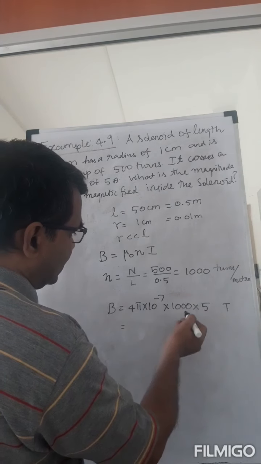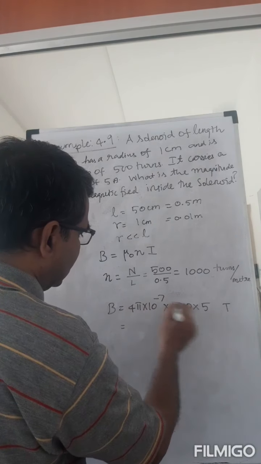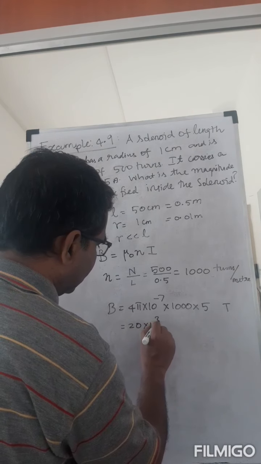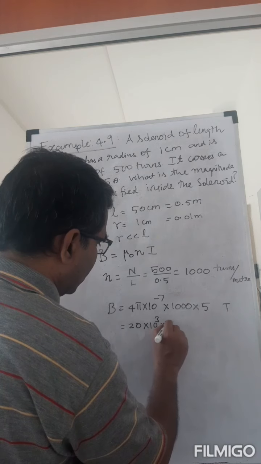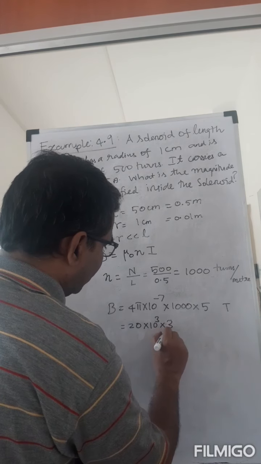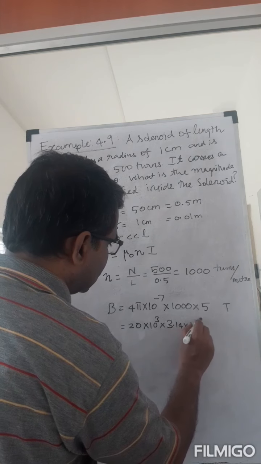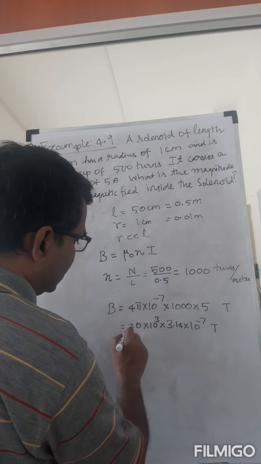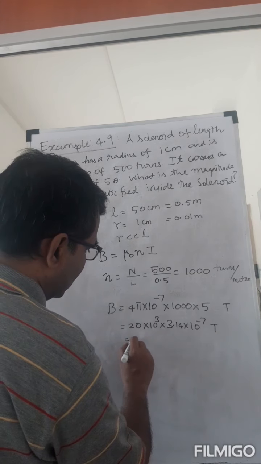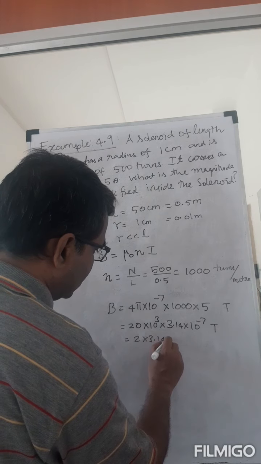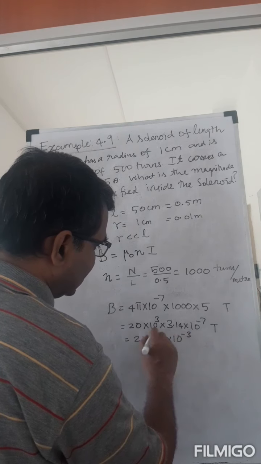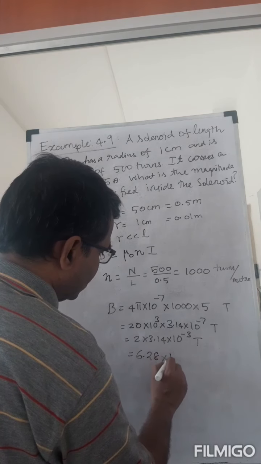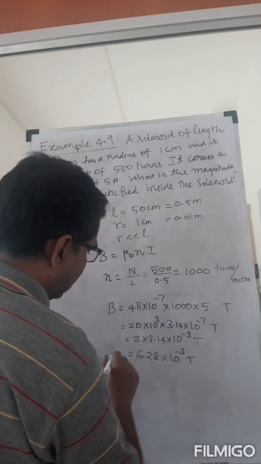So what you get here is 20 into 10 power 3 into pi, I'll write 3.14, into 10 to the power minus 7 Tesla. So 2 into 3.14 into 10 to the power minus 3 Tesla. So you get 6.28 into 10 to the power minus 3 Tesla.